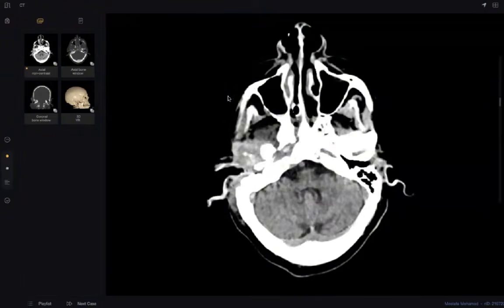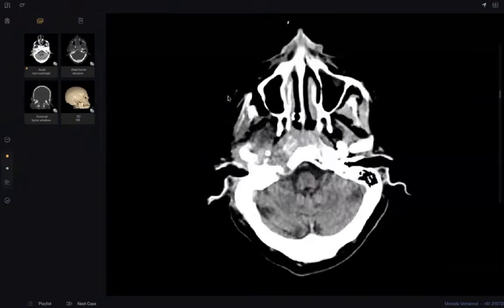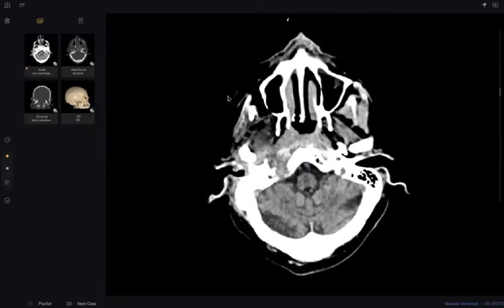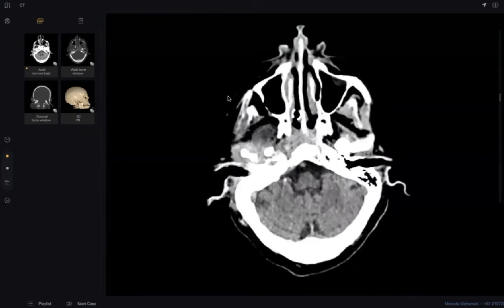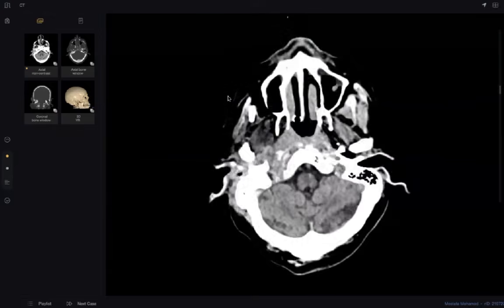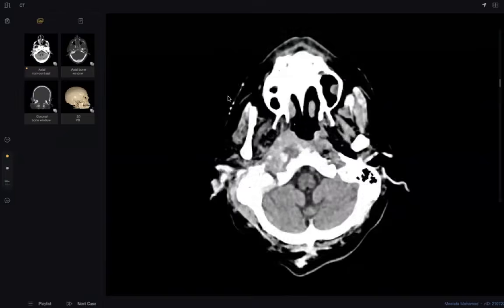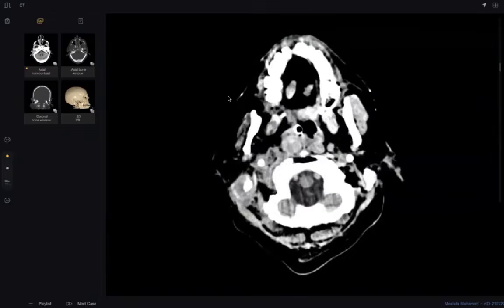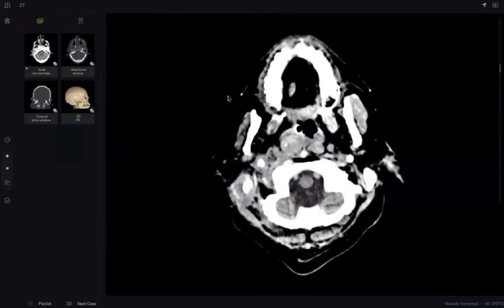My first finding is a hyperdense soft tissue abnormality seen at the right ear, overlying and extending into the skull base as well.